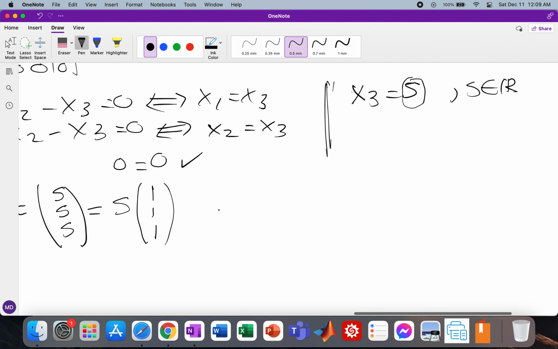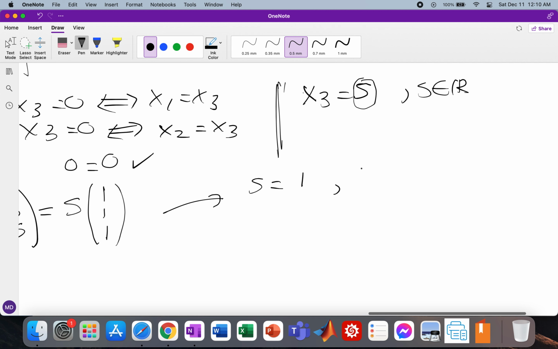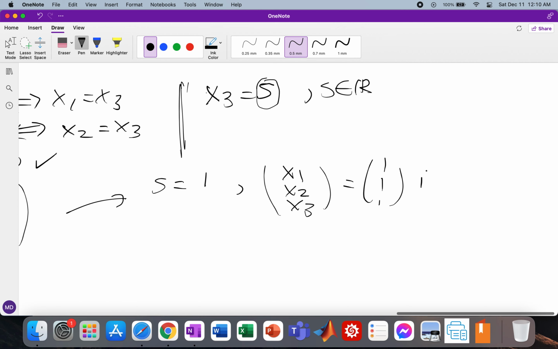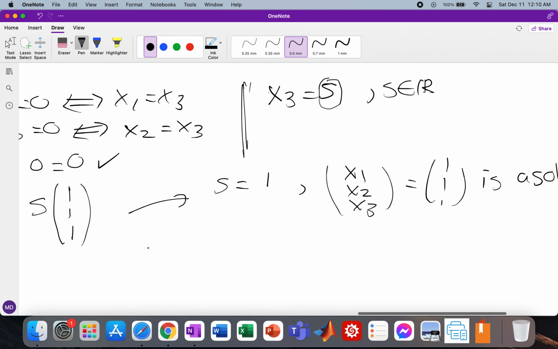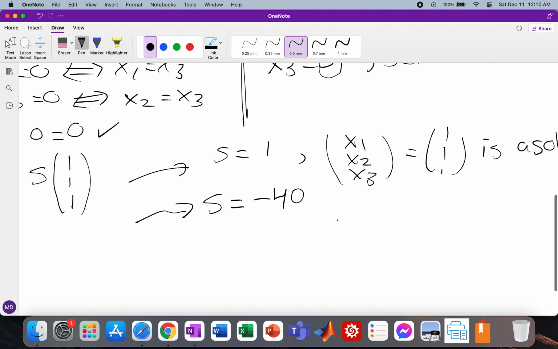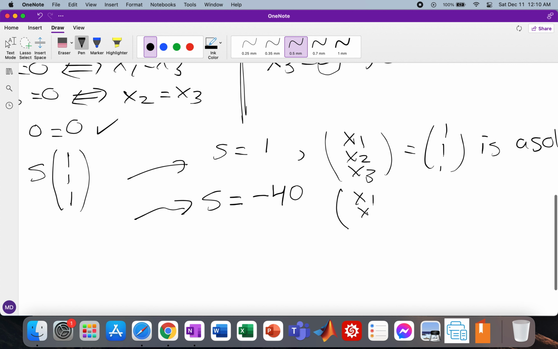So in other words, if say you pick s equals 1, that means x1, x2, x3 equals 1, 1, 1 is a solution. If you pick, I don't know, s equals negative 40, you can pick s equal to any real number, that tells you that x1, x2, x3 equal to negative 40, negative 40, negative 40 is also a solution, right?